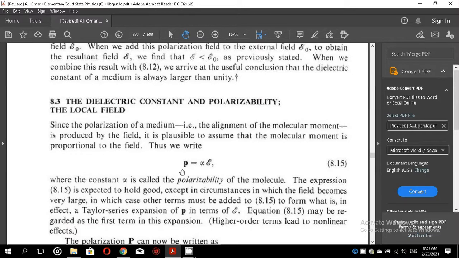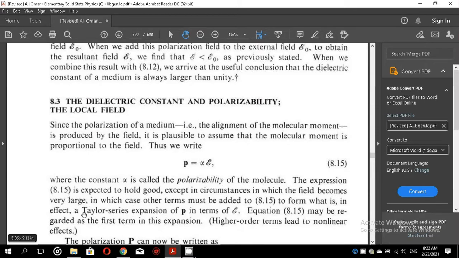Thus we write P is equal to epsilon alpha E, where alpha is the proportionality constant and is known as the polarizability of the molecule. So equation 8.15 is the defining equation for alpha, which is the polarizability of a molecule.